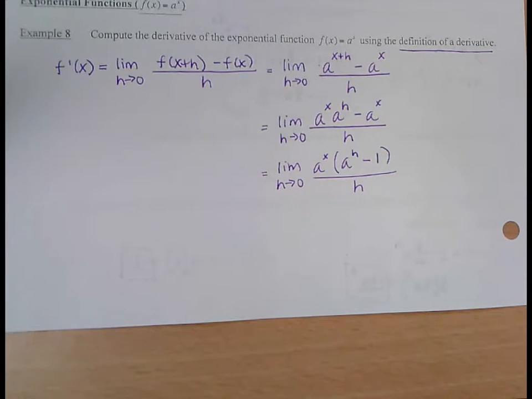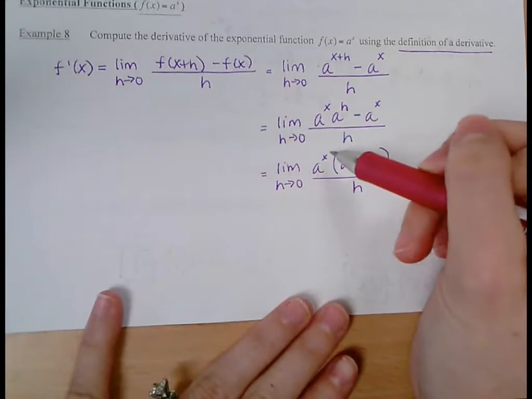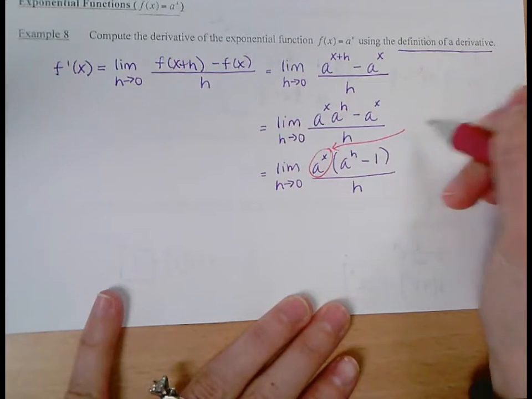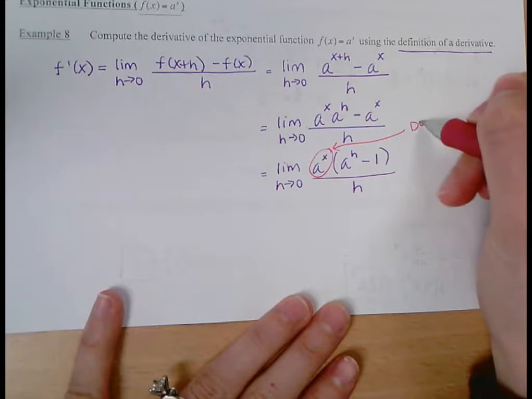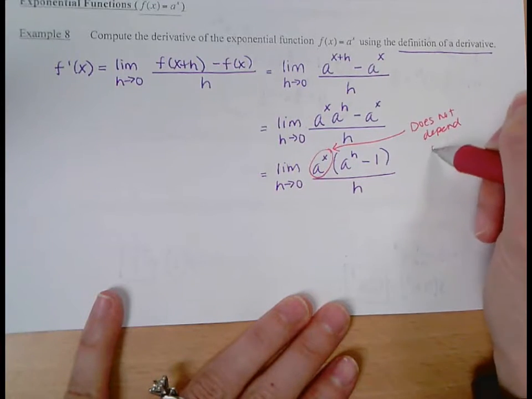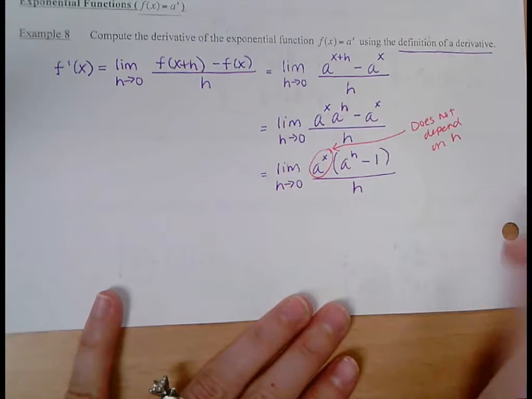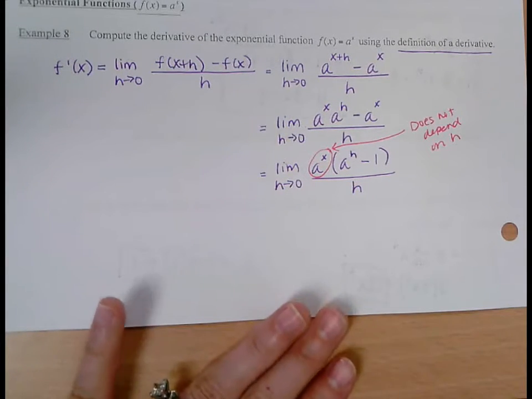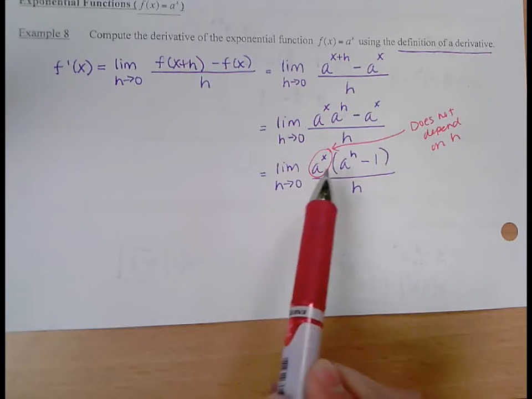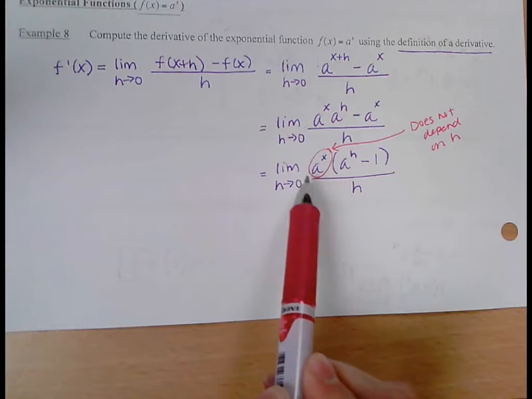And then from here, this is where, again, keep in mind this is more like a proof of where we're getting to. A to the x alone does not depend on h. So it does not depend on h. What that means, if we're taking the limit as h approaches 0, h is not affecting a to the x at all.